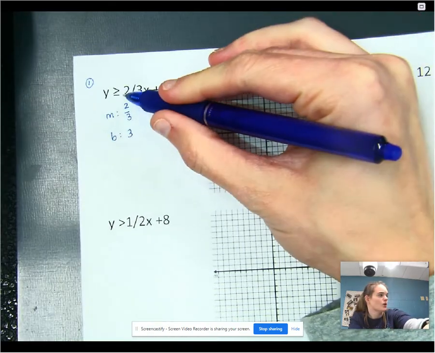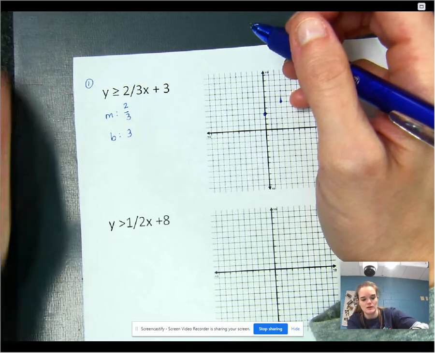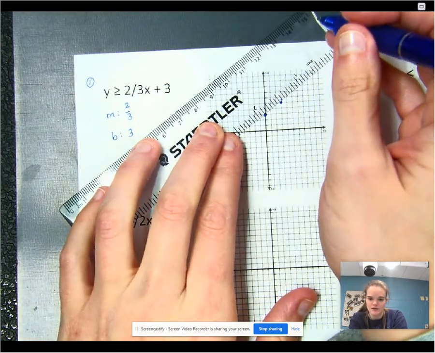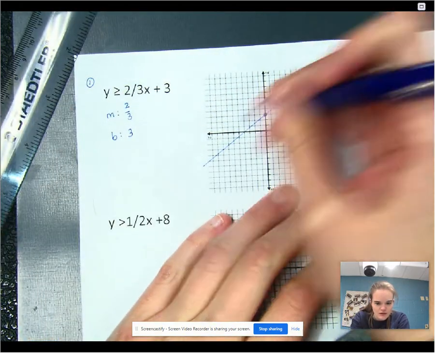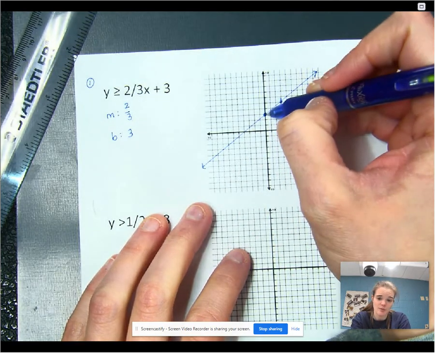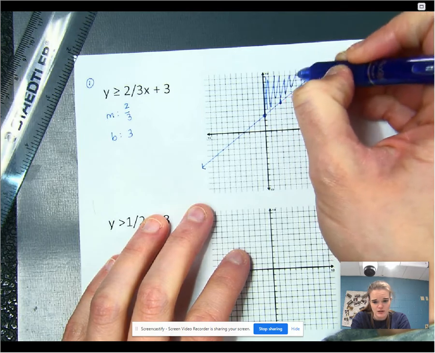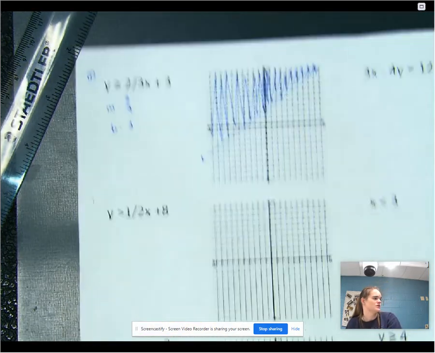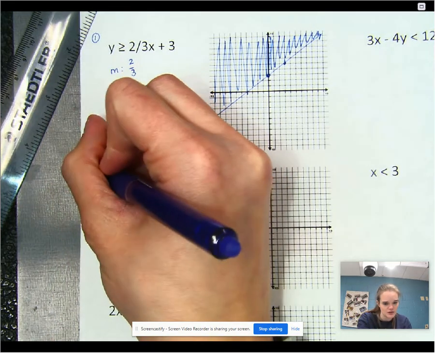This is a greater than or equal to, so it is a solid line. It is greater than, so I put my point on the y-intercept and go above. And I'm finished. Pause the video and do number 2, which is this one.